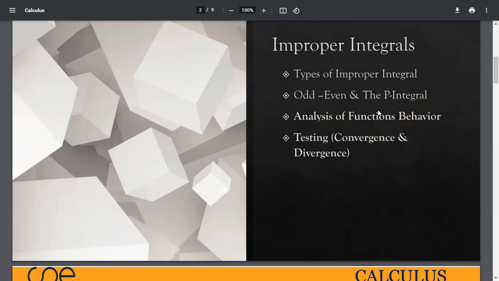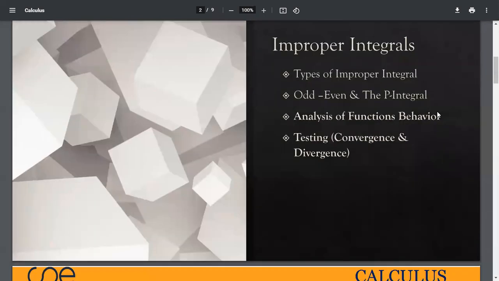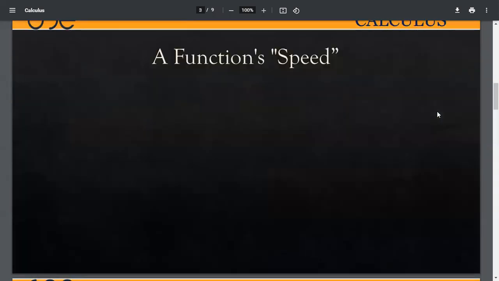So in this lecture, we will be talking more about analysis of function behavior and the convergence and divergence of the improper integral.